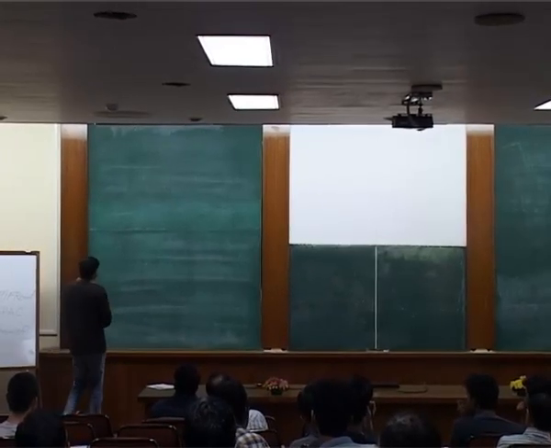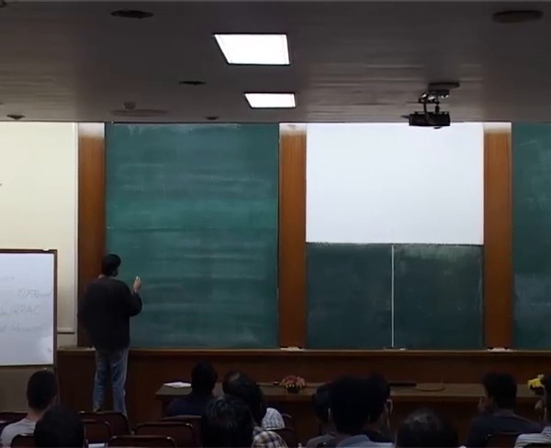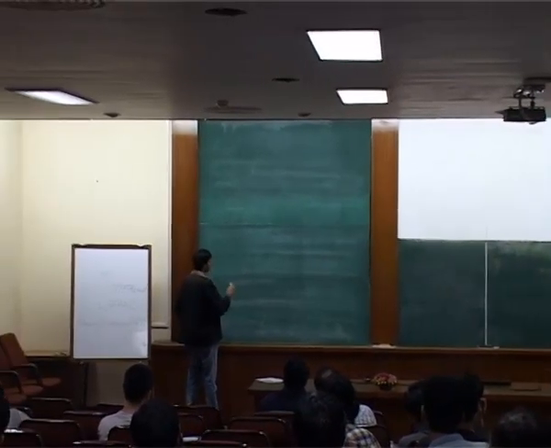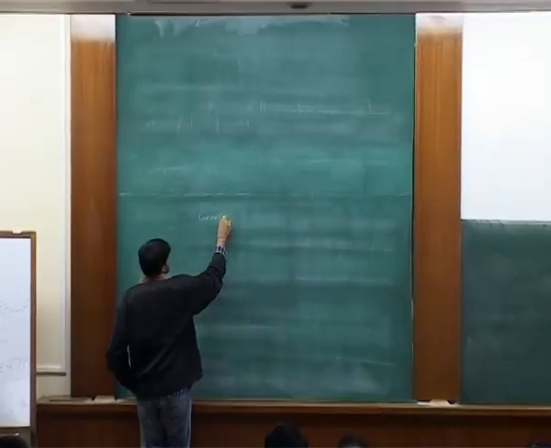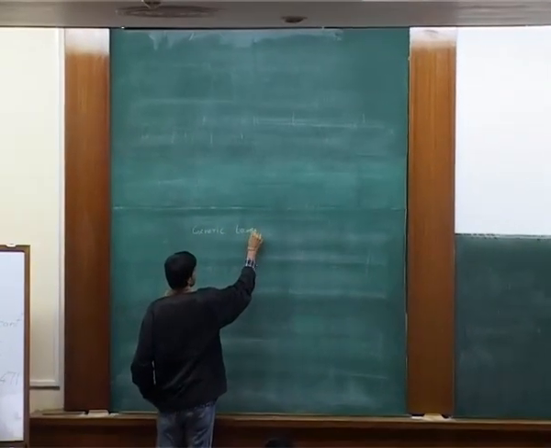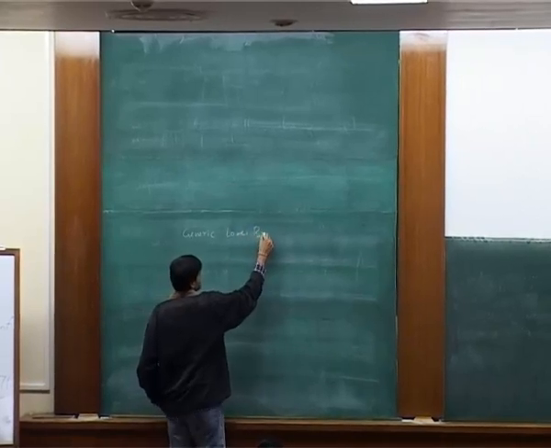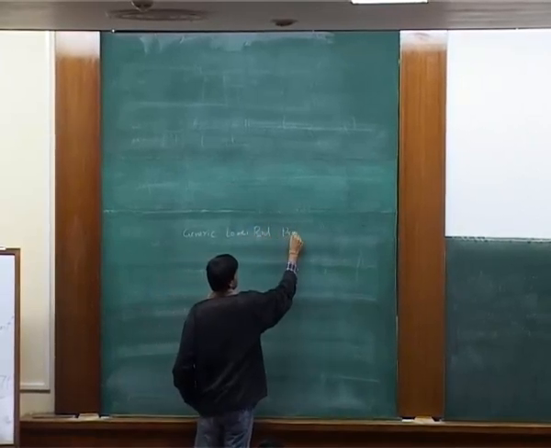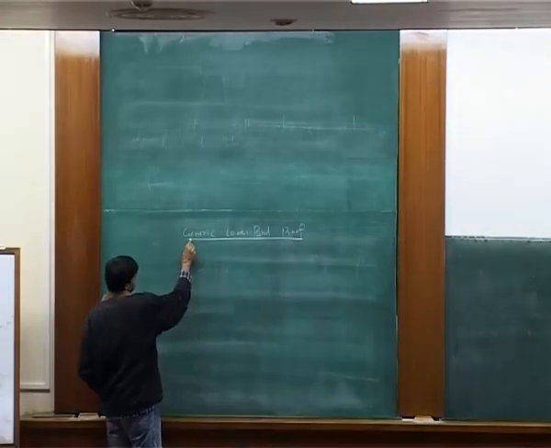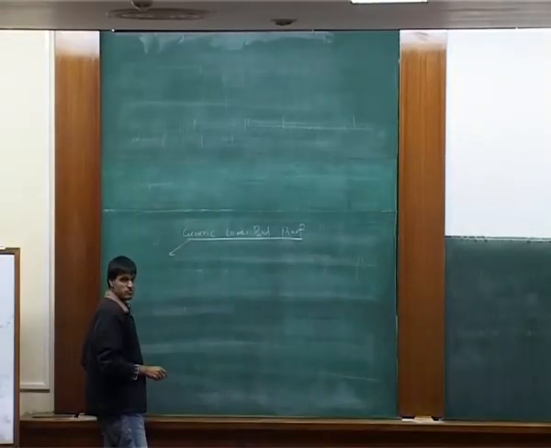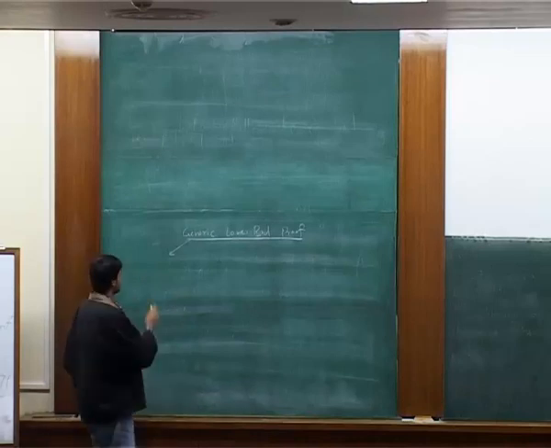What they say is that a generic lower bound proof has basically this overall structure. First, there is a model of interest. It's a submodel of arithmetic circuits.